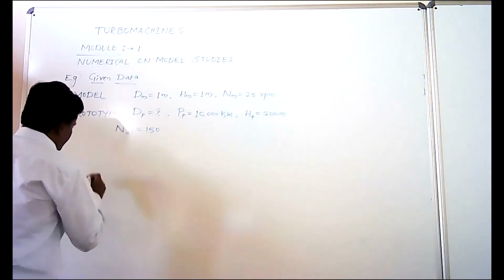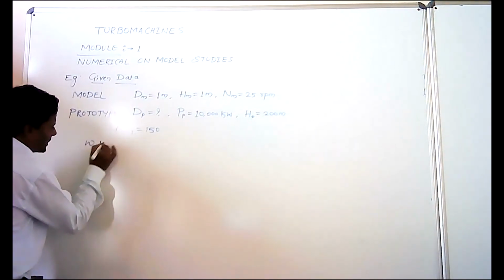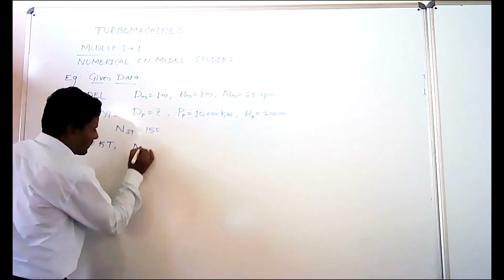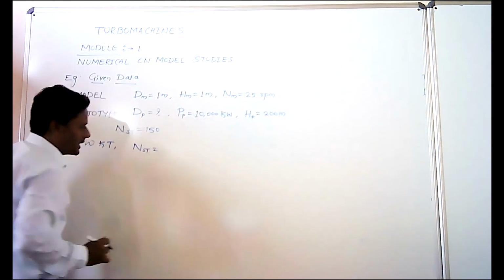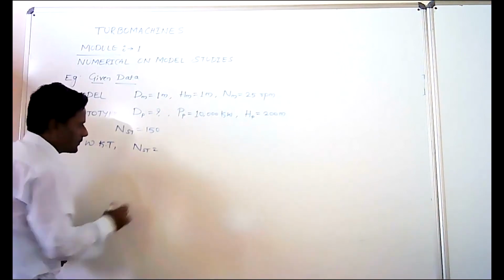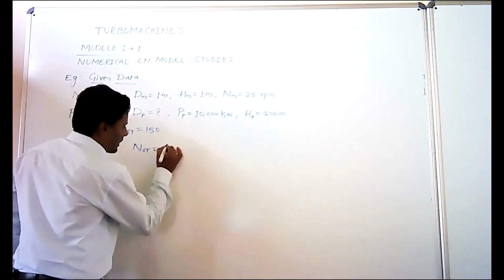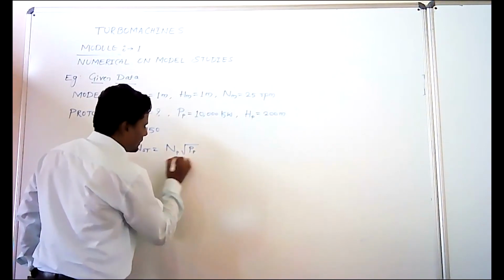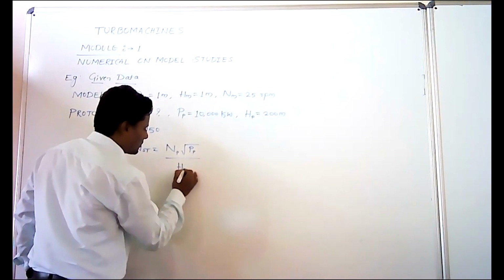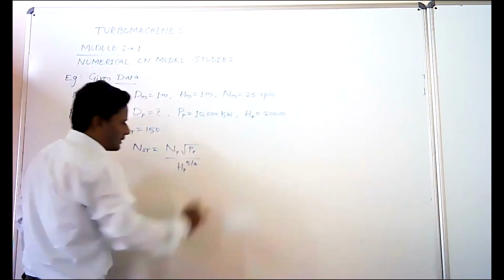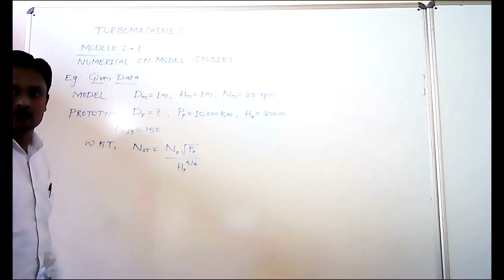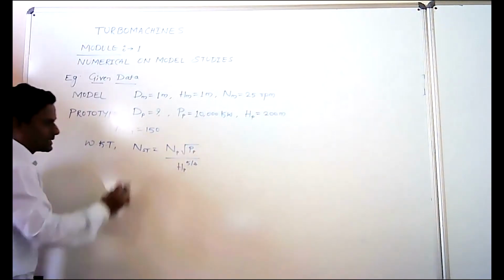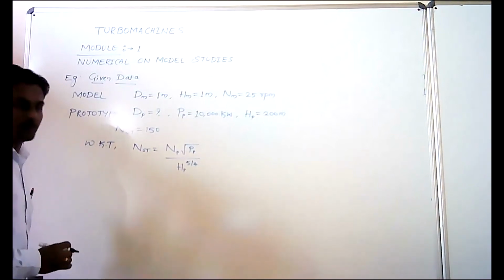We know that the specific speed is given by Nst equals, and it is the same for both model and prototype, Np root Pp divided by Hp raised to 5 by 4. This is the formula for the specific speed of the turbine. Everything is known except Np, the speed of the prototype.